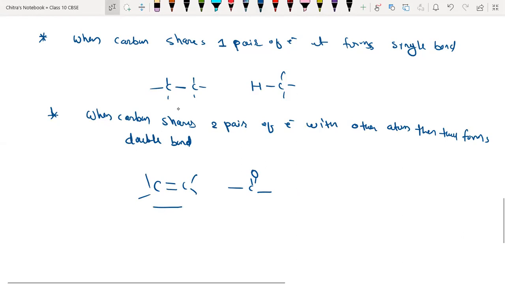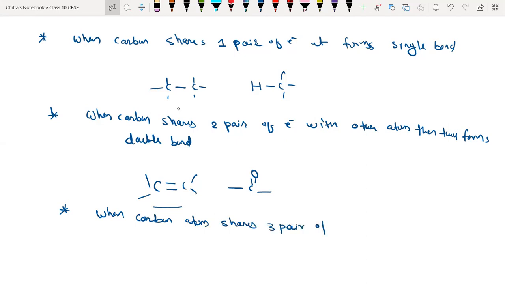Okay everyone, third point. When a carbon atom shares three pairs of electrons with another atom, then it forms a triple bond.